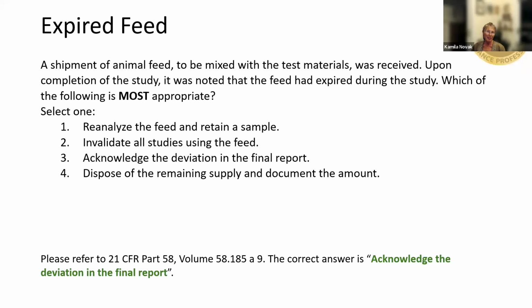But you may actually do a couple of things before you decide, and this is just a theoretical discussion. Before I would invalidate the results or the studies, I would reanalyze the feed now, seeing, okay, is it the same, or has something changed?